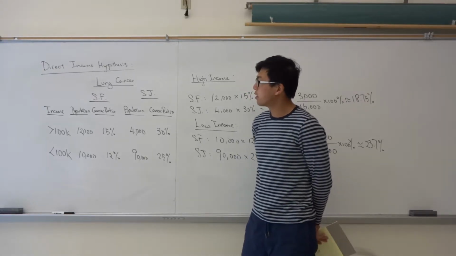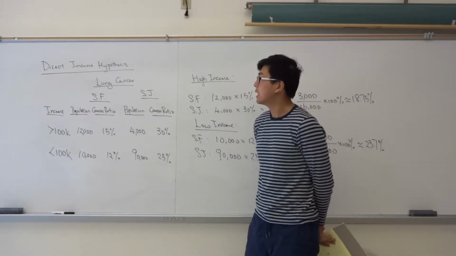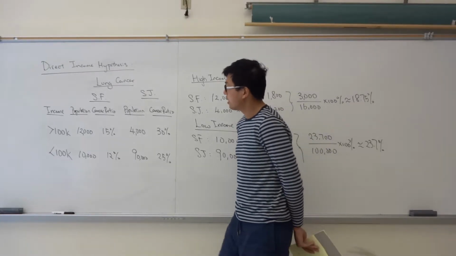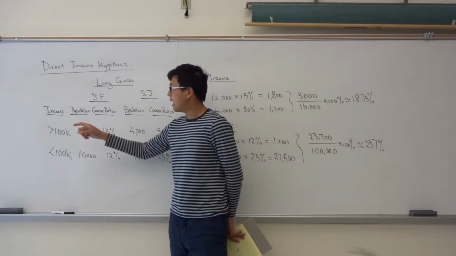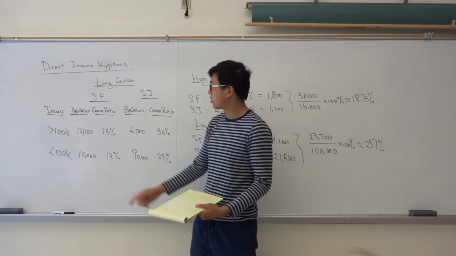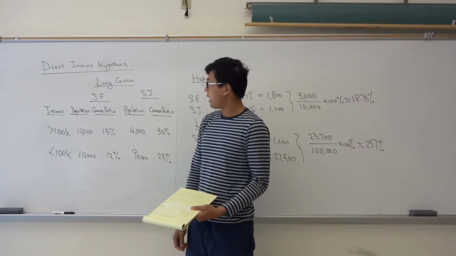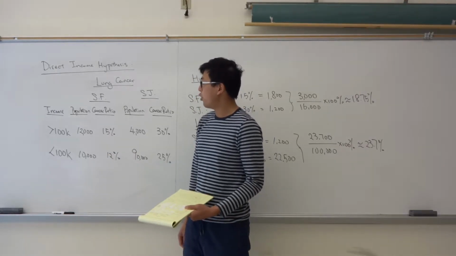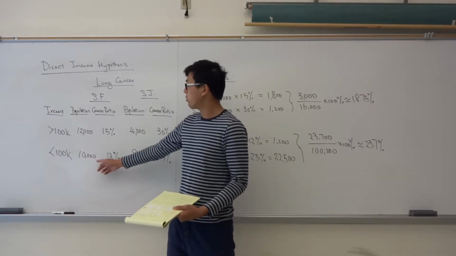So first of all, let's take a look at the populations within each city here. The population of people who earn an income higher than 100K a year in San Francisco is about 12,000 people. And the population that earns less than 100K a year is about 10,000 people.